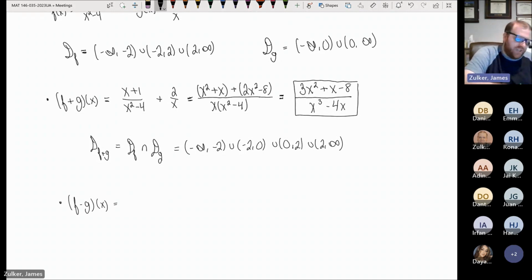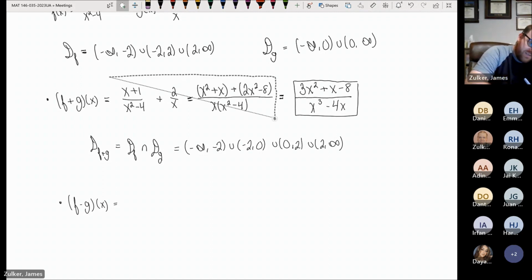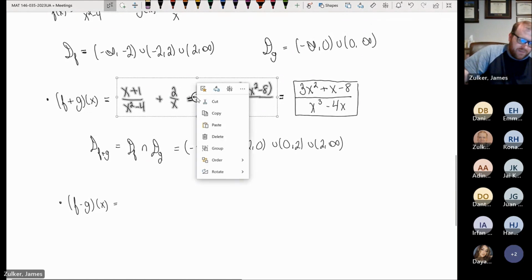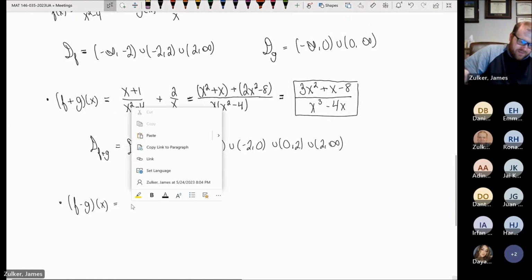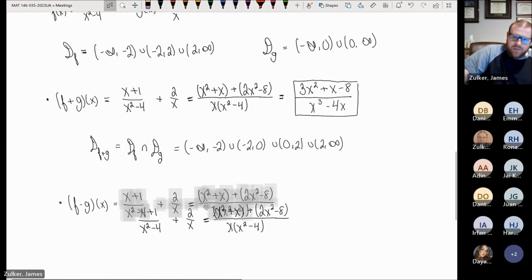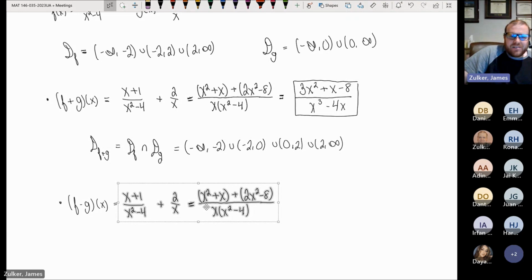All right, f minus g. So in this case, if you plug in a -2, you are going to get 0 in the denominator.